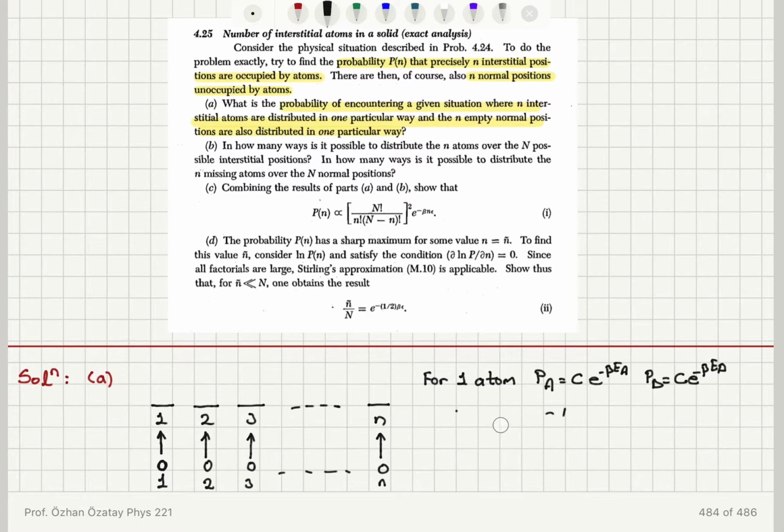I'm placing two atoms in positions 1 and 2.